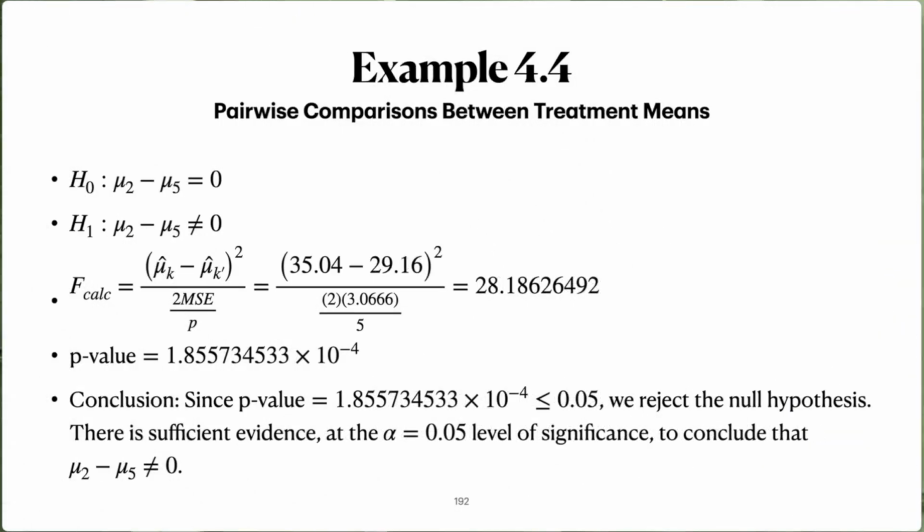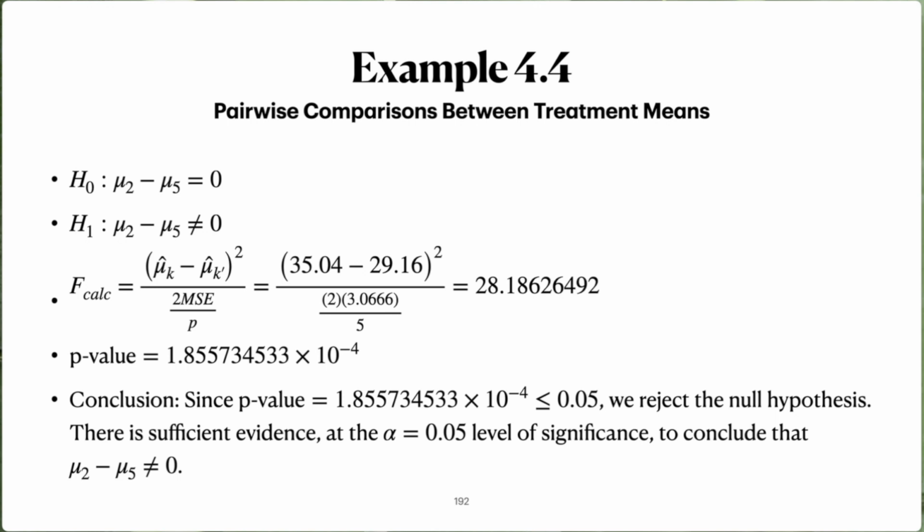Next, comparing means 2 and 5, so this would be the comparison of the clay mixture B with the control E. We see in this case that the F statistic is quite large, approximately 28.19. The p-value is 1.856 times 10 to the minus fourth.